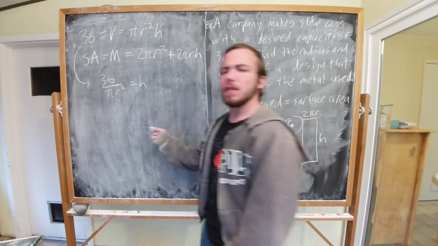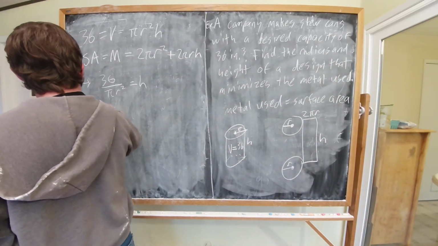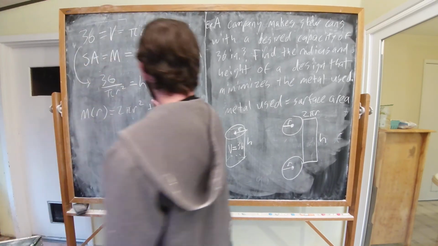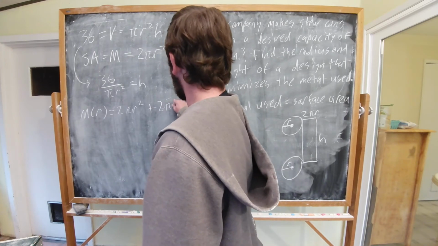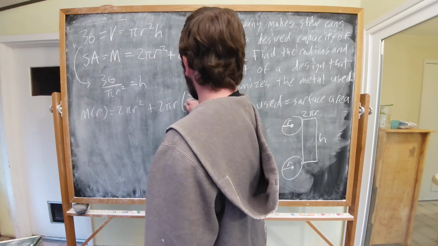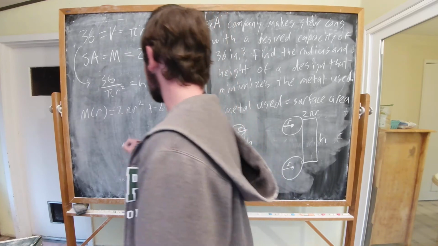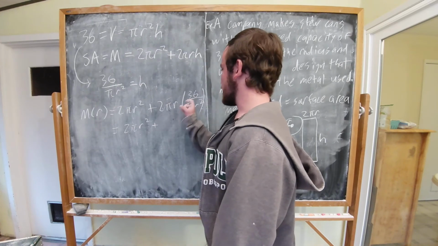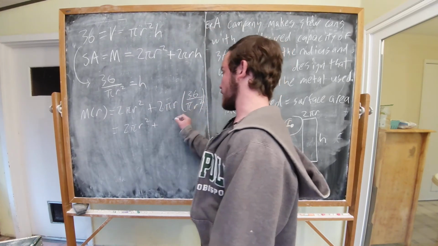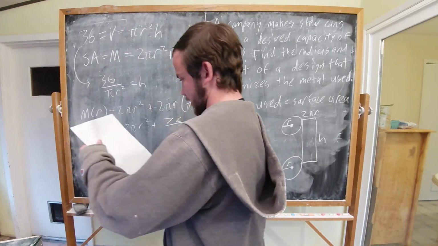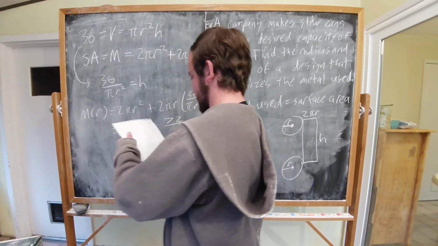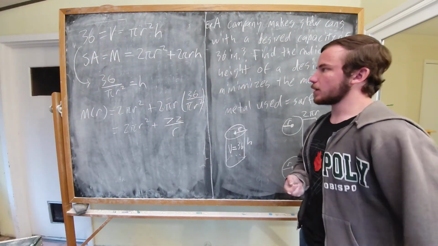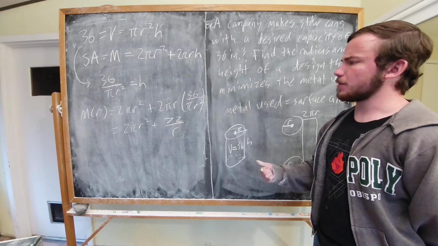So, the metal we're using as a function of the radius is 2 pi r squared plus 2 pi r times 36 over pi r squared. The pi's cancel, and r cancels with one factor there, and we're left with 72 divided by r. Okay? So, let's optimize.